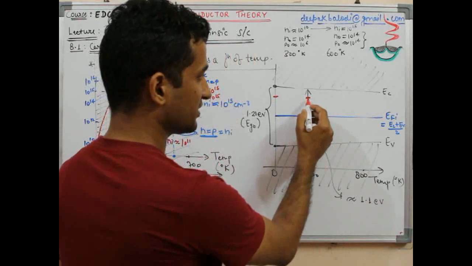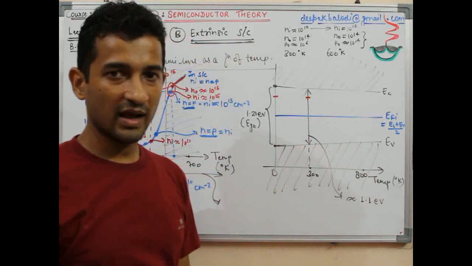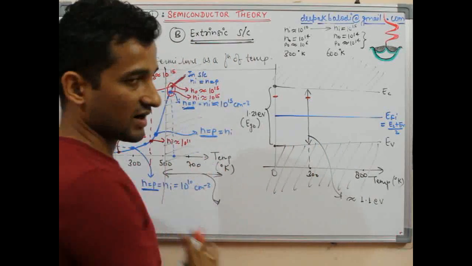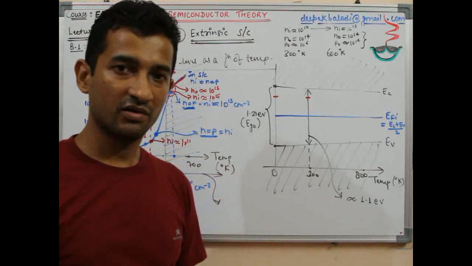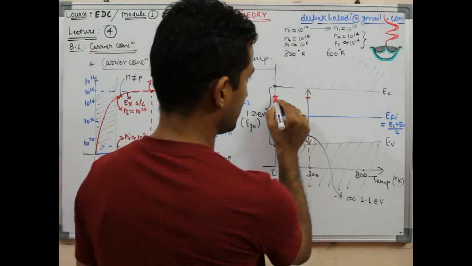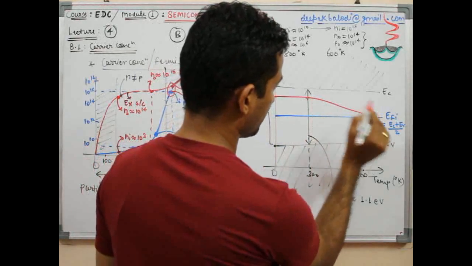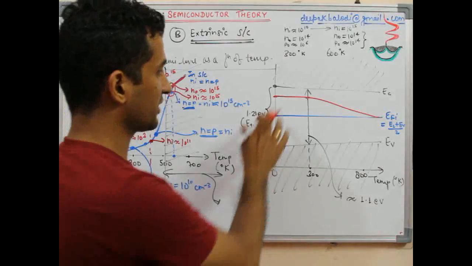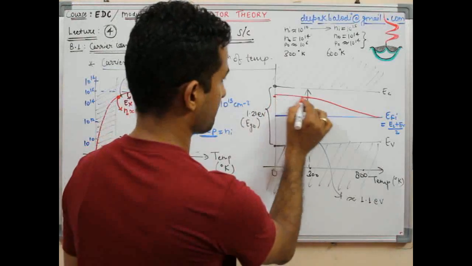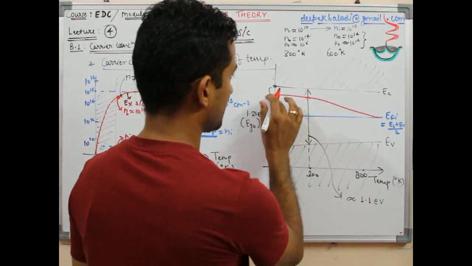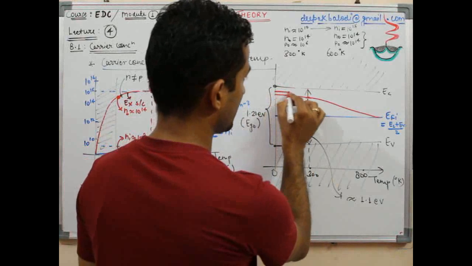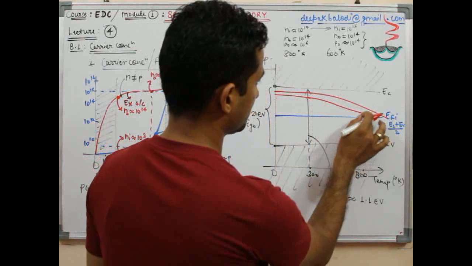But as temperature increases, we know that an extrinsic semiconductor tries to become intrinsic. So therefore the Fermi level will try to come down like this or like this. Similarly, if we start with much higher concentration, then that will take some more time.